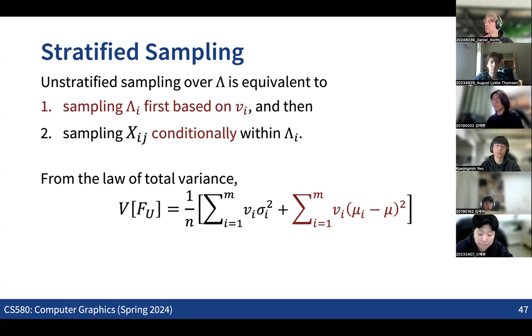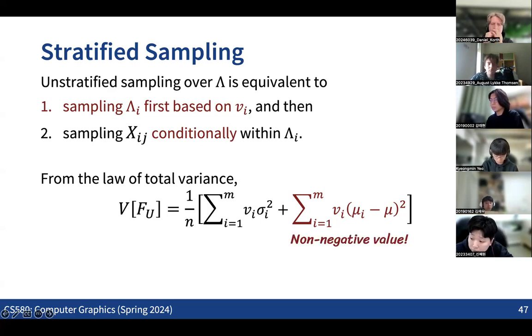So this is kind of equivalent. If we also derive the variance based on these conditional cases, then we can see that the variance of the unstratified sampling case has an additional term, which is a non-negative value.